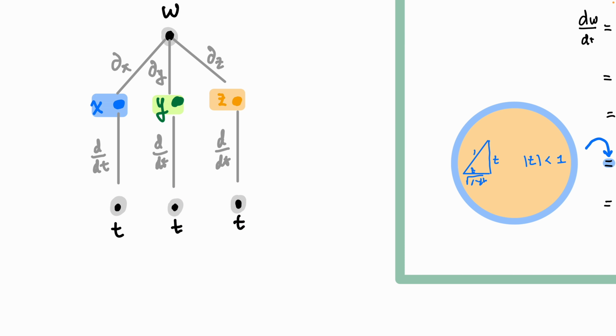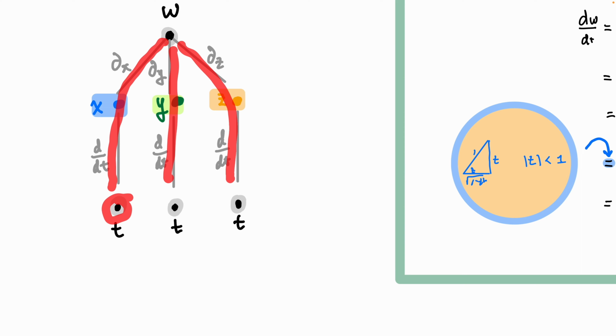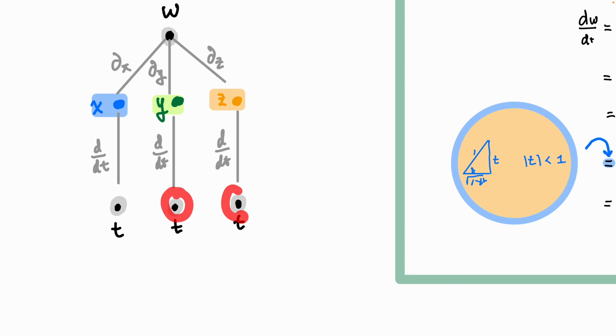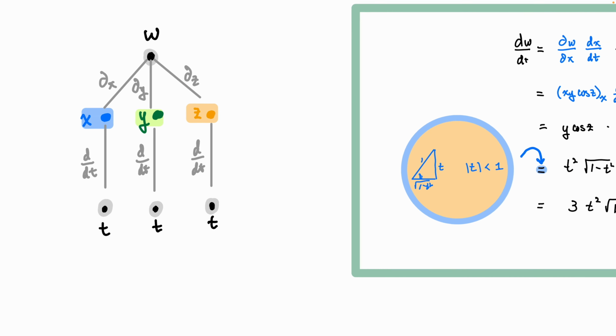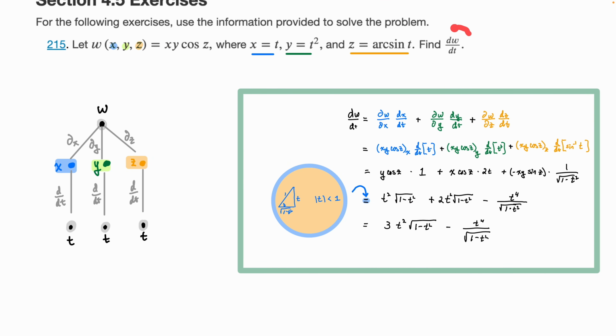Then, to employ the chain rule, we simply read down the branch until we get to the final node. And we see that we have 3 branches to read down to, each terminating in t. Hence, to find this quantity dw/dt is going to produce 3 terms.